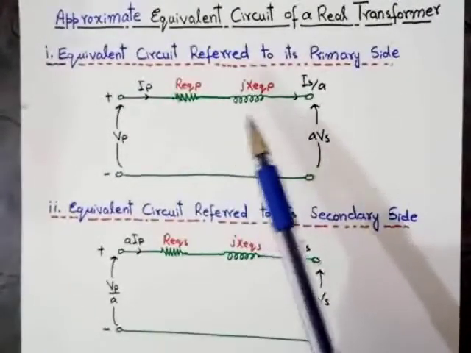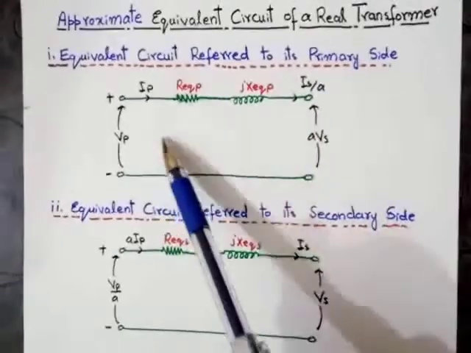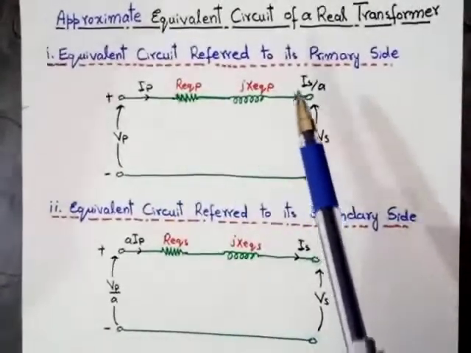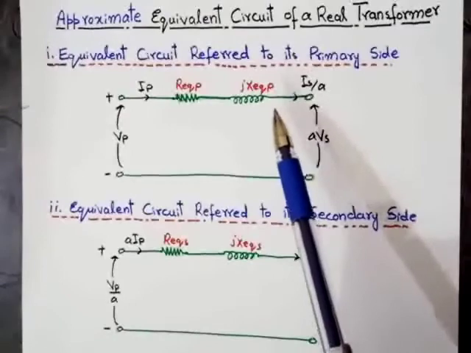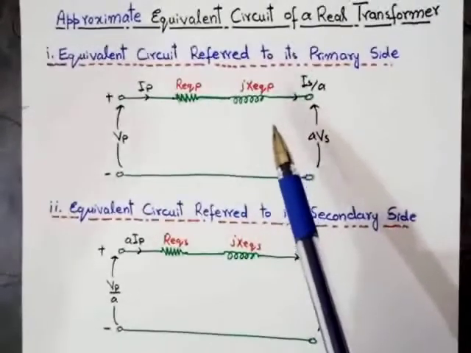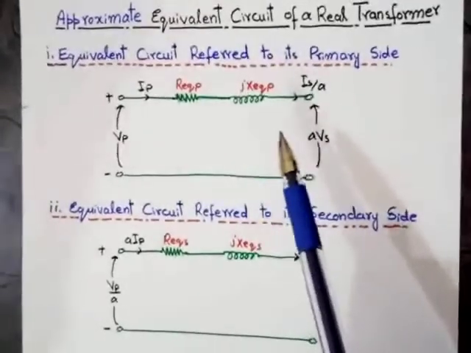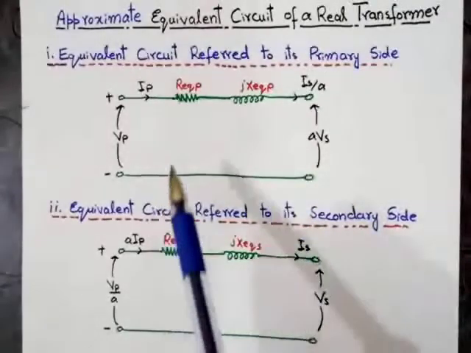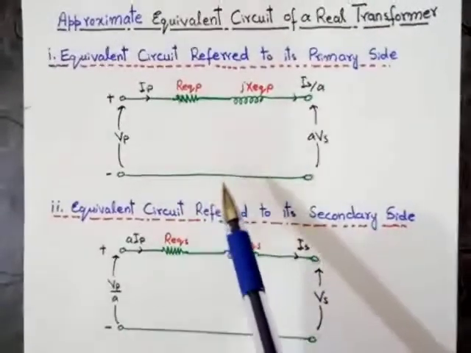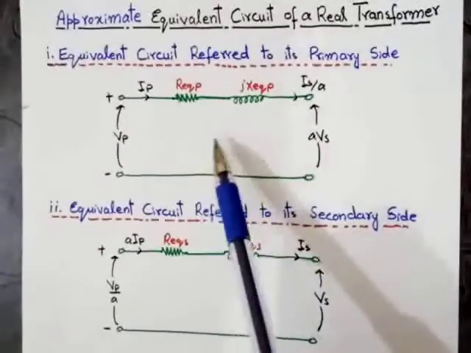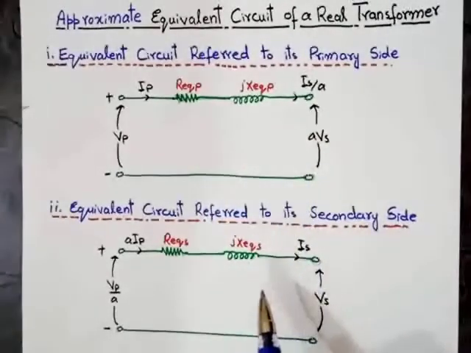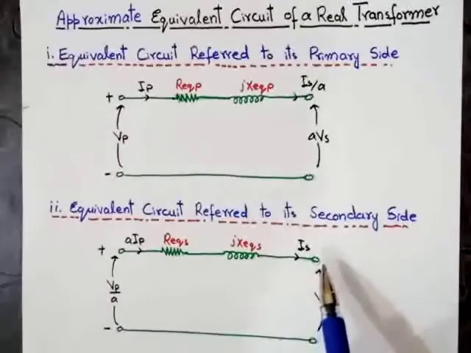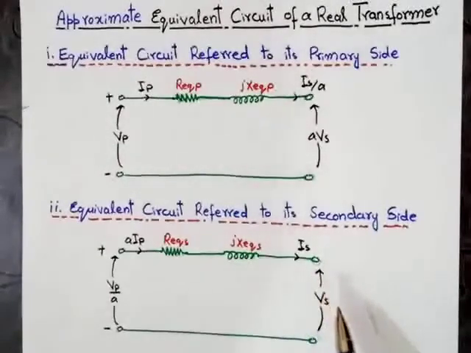So we can easily calculate the primary voltage, primary current, secondary voltage, and secondary current by simply using Ohm's law, KVL and KCL. So these are the approximate equivalent circuits of a real transformer with respect to the primary side, and this is the equivalent circuit with respect to the secondary side. So that's it for this week's lecture.